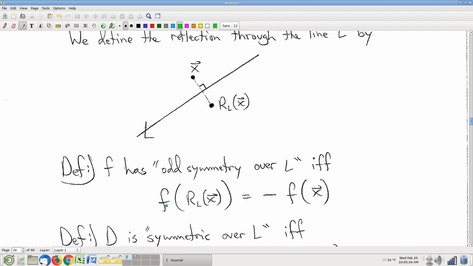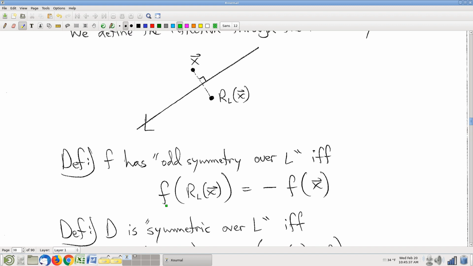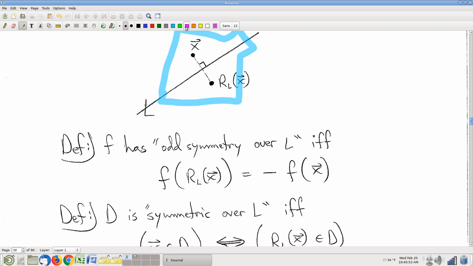Okay, what do we mean by a domain being symmetric? Well, again, it's exactly what you would think. Symmetry means that whatever happens on one side, the exact same thing has to happen on the other side. For example, something like that maybe. The way we write that down is that a domain has the feature that whenever a point is in the set, then its reflection is also in the set.